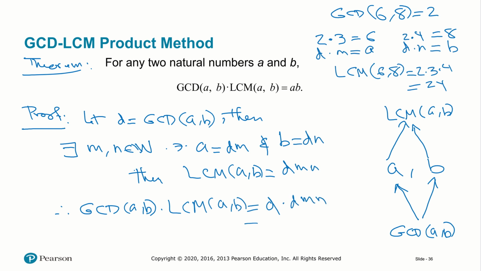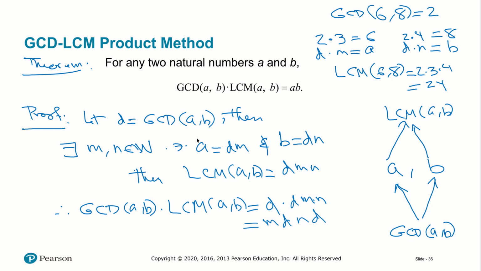But because of associativity and commutativity, I can do this product in any order that I want. So for example, I could put M first, then D, and then N, and then another D.